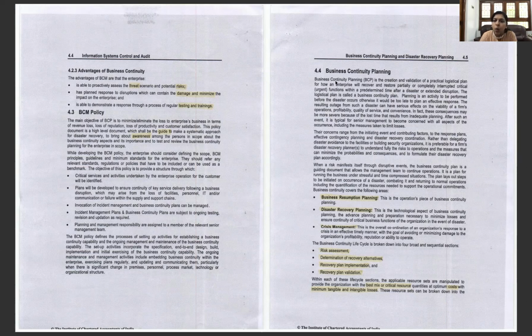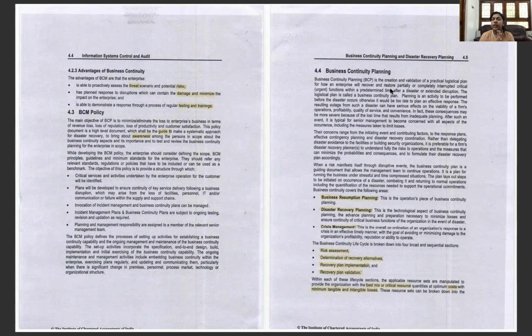Okay, next, what is business continuity planning? This is the crux of our chapter, business continuity planning. What is business continuity planning? It is a creation and validation of a practical logistical plan for how an enterprise will recover and restore partially or completely interrupted critical functions.